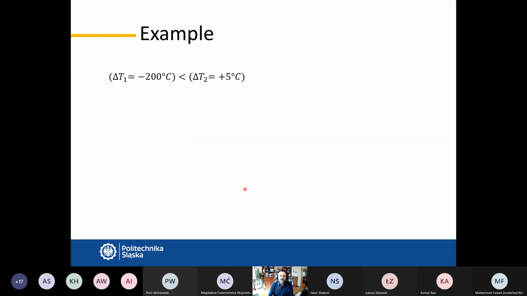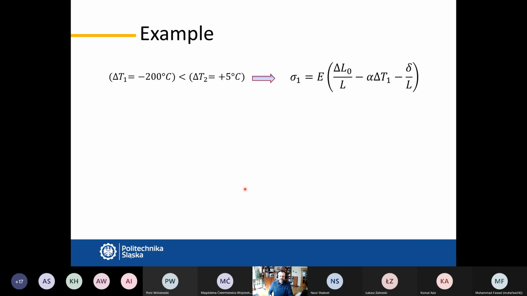So we have delta T1, so the internal pipe is cooled by 200 degrees Celsius, and the upper one is heated up by 5 degrees Celsius.